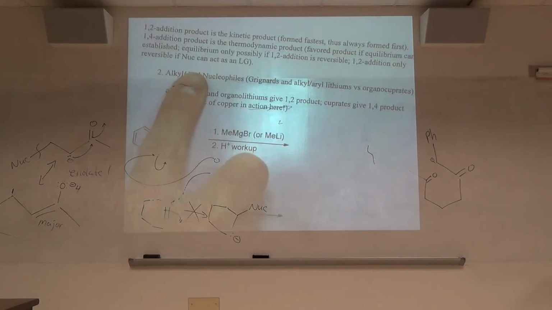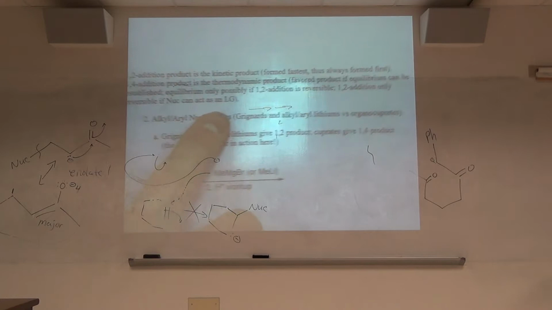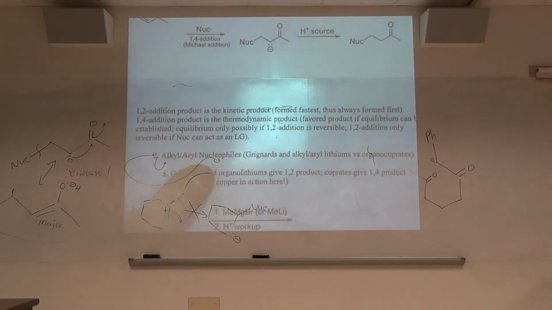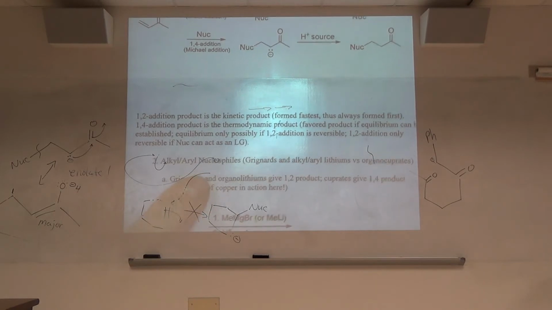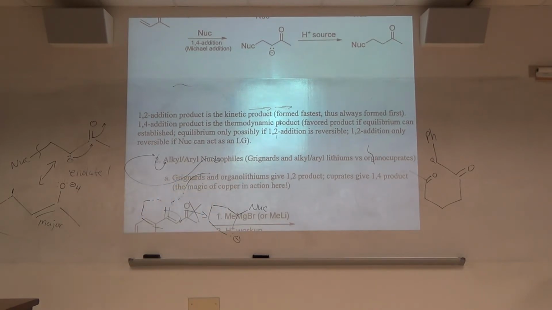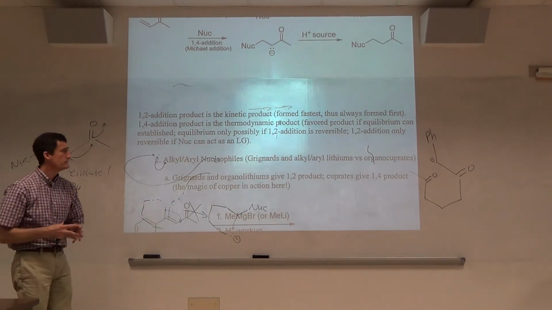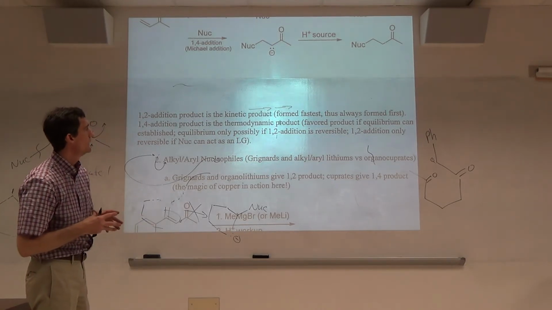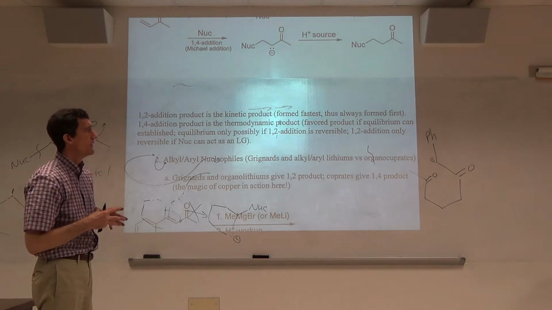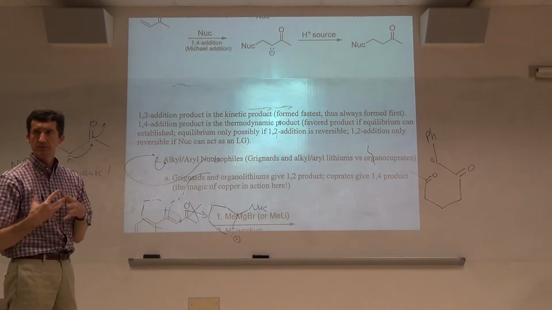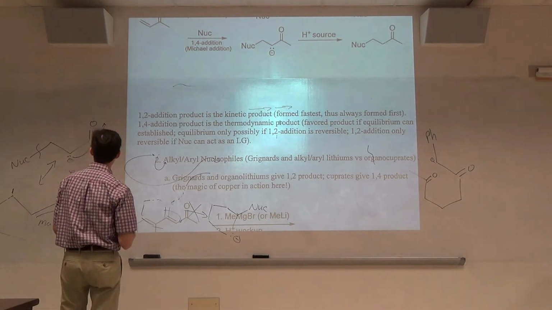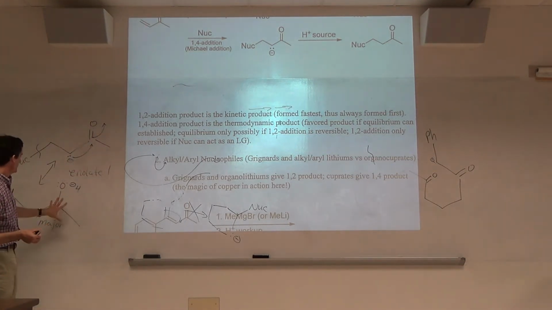There's some other things here about kinetic product versus thermodynamic product. Basically what it says is, well, to give you a summary. If the nucleophile can serve as a leaving group, you'll typically get a Michael addition as your product.